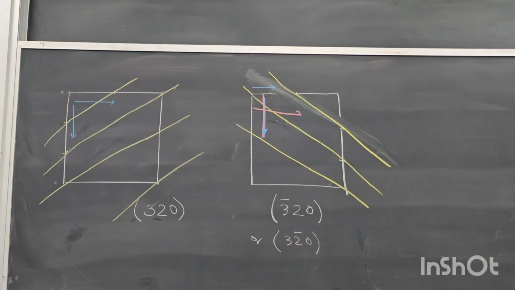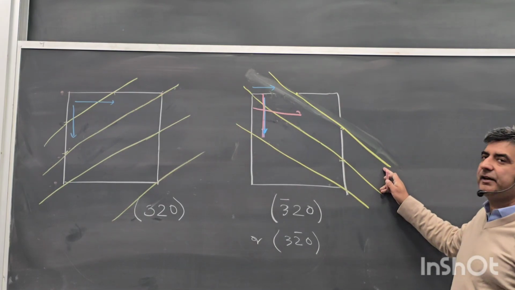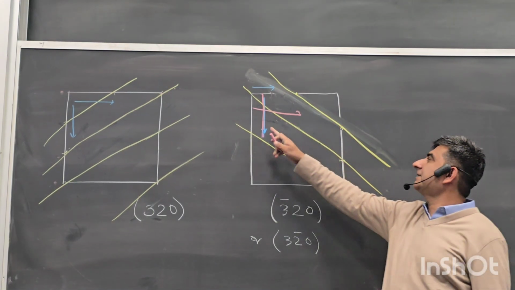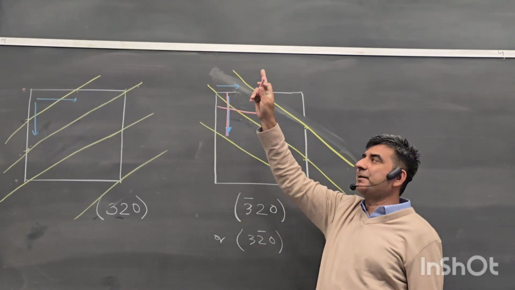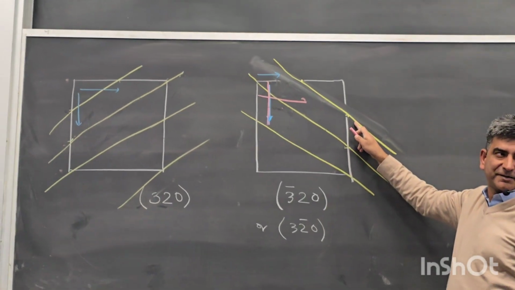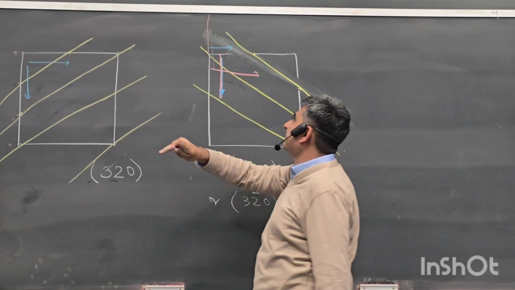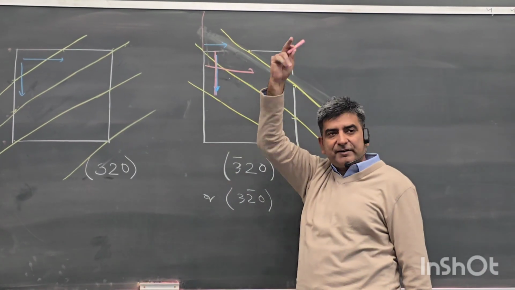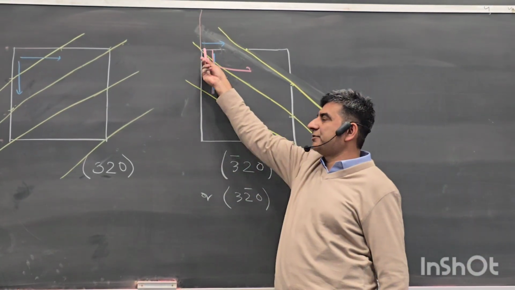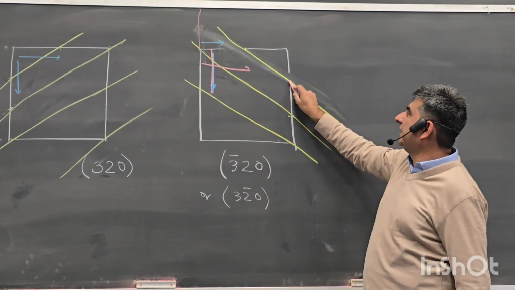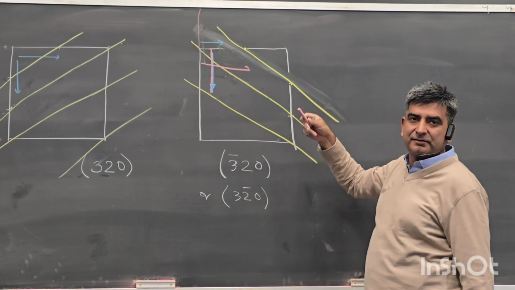Okay. So another way to look at this, if you look at this plane here, it intersects the A axis at a negative intercept and the B axis at a positive intercept. So if I extend this backward, it intercepts this axis at a negative number, if this were my origin, and this B axis at a positive number.